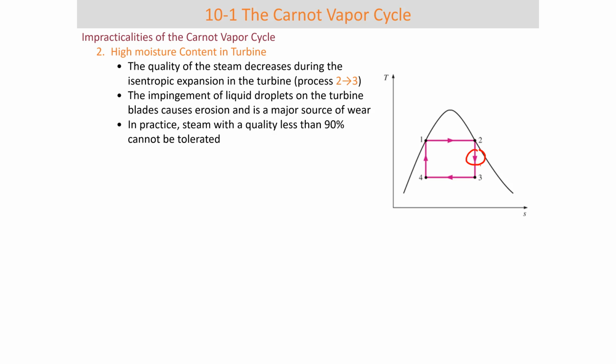The quality of the steam, quality being the mass of vapor over the total mass in a saturation process, decreases during the isentropic expansion in the turbine. So the impingement of liquid droplets on the turbine blades causes erosion and is a major source of wear. In practice, steam with quality less than 90% coming out of the turbine is not tolerated.